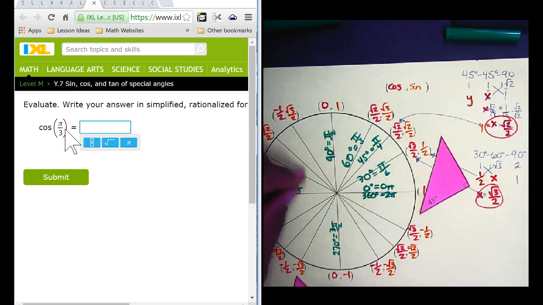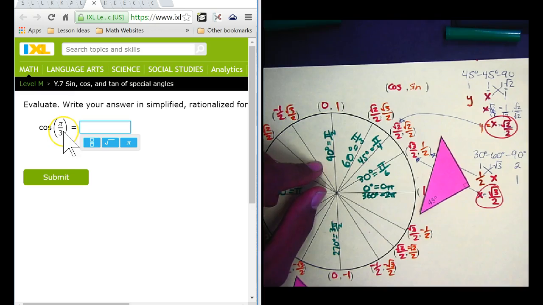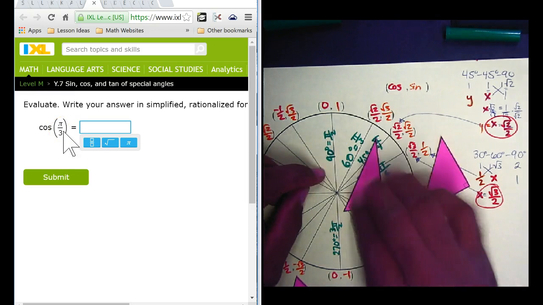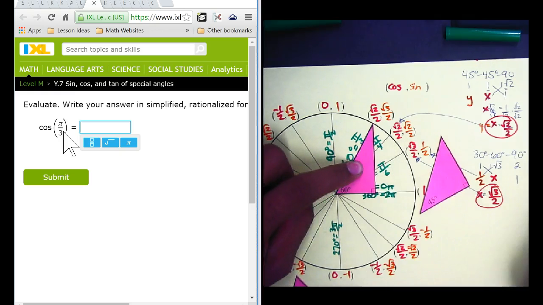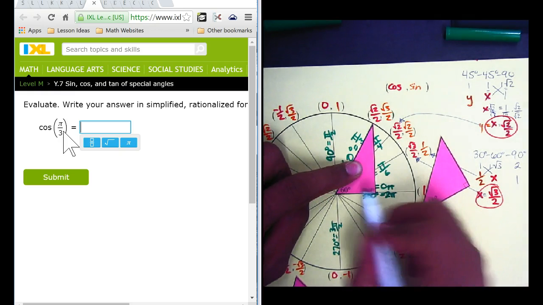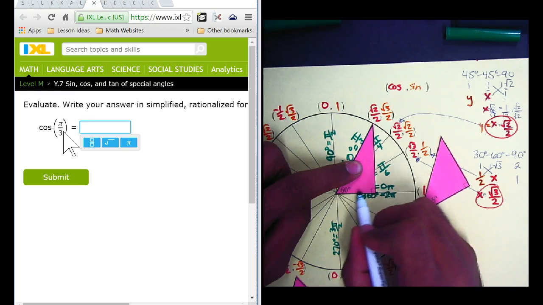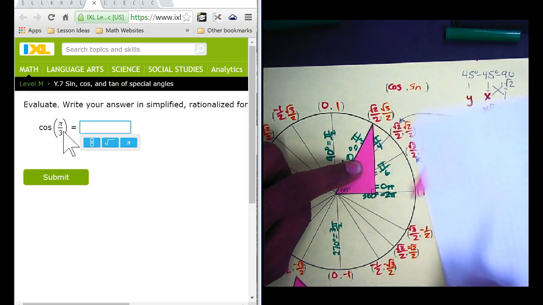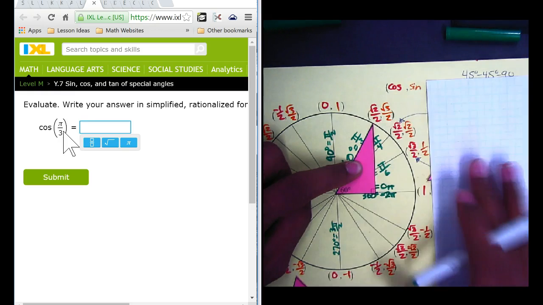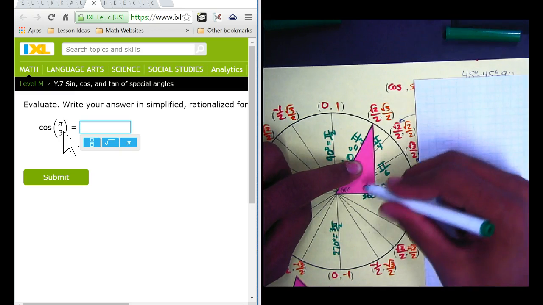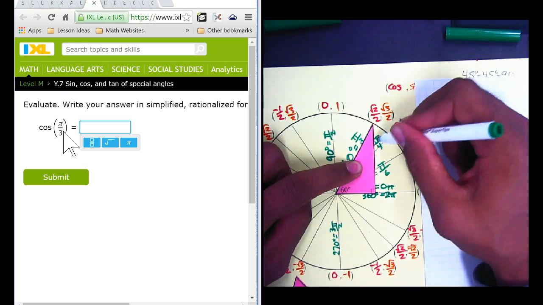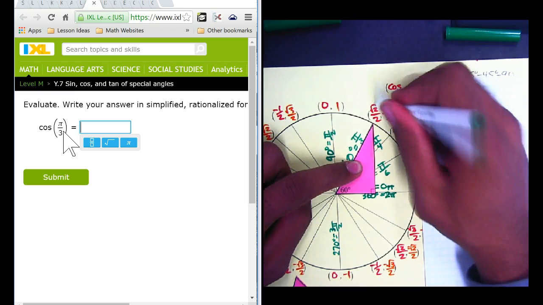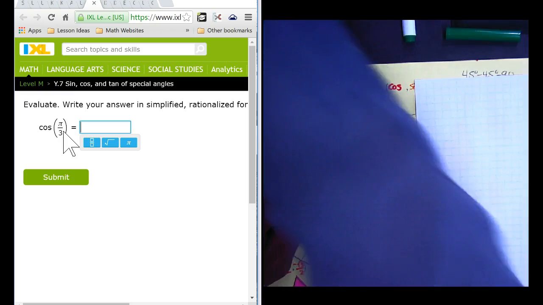Okay, so now I know that pi over 3 is the 60 degree mark, so I'll use my 60 degree triangle. And cosine is adjacent, so the x value there is going to be, oh, looks like I made a mistake there. That is not square root of 2 over 2.